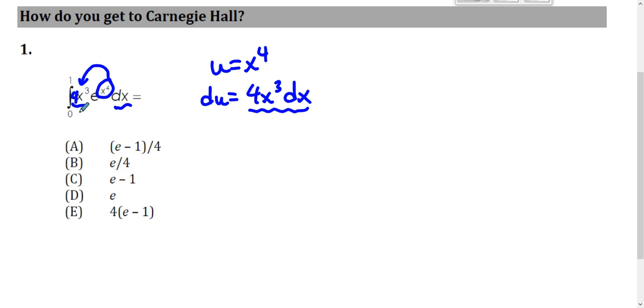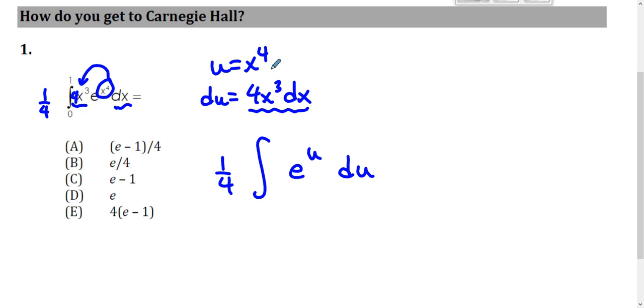Oh wait, now we do. Compensate. So now the 4x cubed dx gets replaced by du. E to the x to the fourth, well, x to the fourth gets replaced with u, and it's an integral, and there's a 1/4 that's there because we had to compensate from this 4.